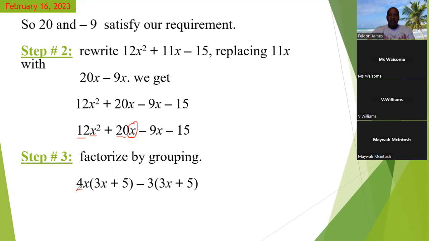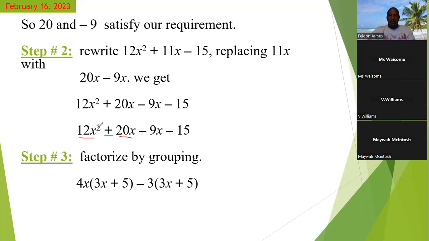So in other words, the HCF for those two terms would actually be 4x. And so following the general rule of factorization by HCF, we divide each of these terms, we open brackets, and then whatever we get from dividing each term, we keep the sign that we have between them.